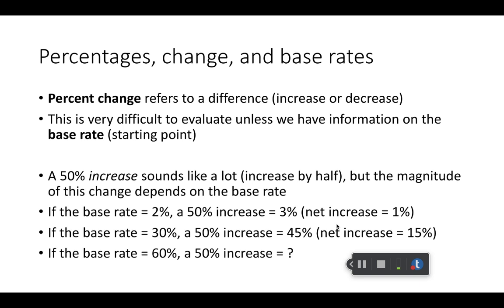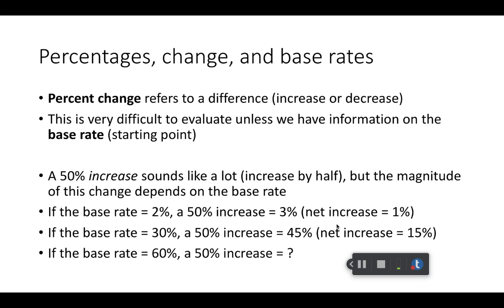But what it really means, the magnitude of this change, depends on the base rate, the starting point. So if the base rate is 2%, a 50% increase means that we're going to add half of 2%, or we're going to have a net increase of 1%, and that will bring us to 3%.